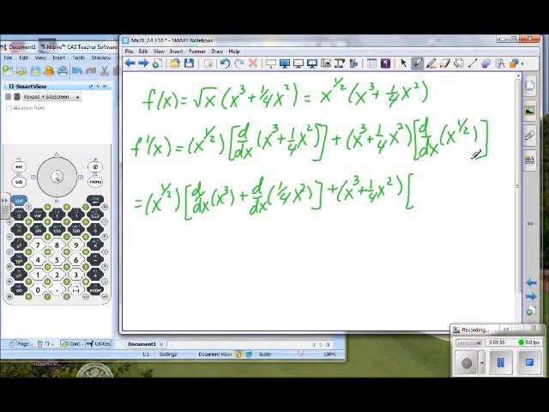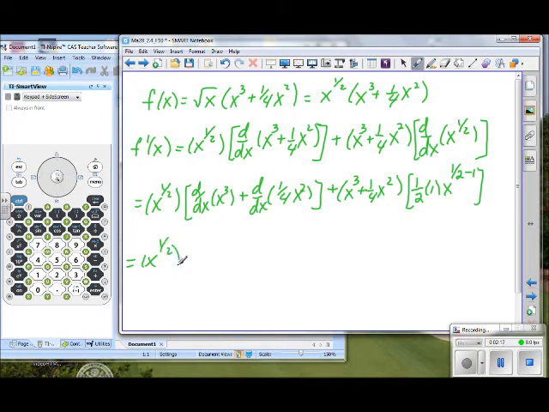Now we can go ahead and take that derivative. We would take the exponent times the leading coefficient, and then we're going to subtract 1 from that exponent. Now at this point though, we've only taken one derivative and we have two others to take, so we need to go through and do that work.